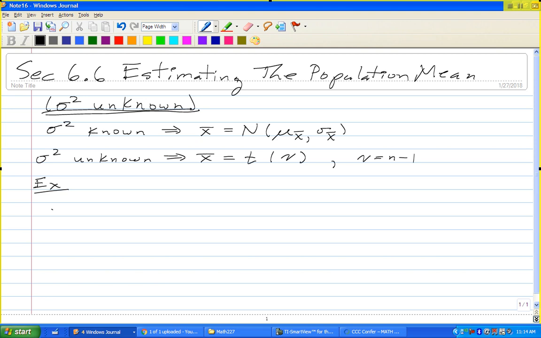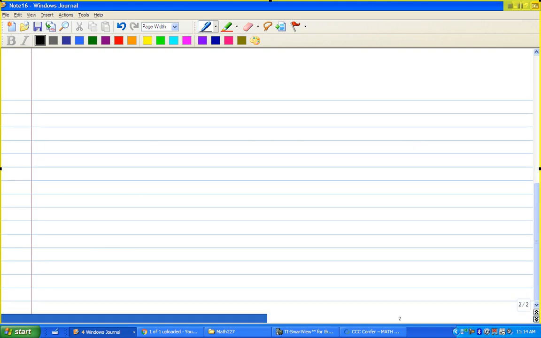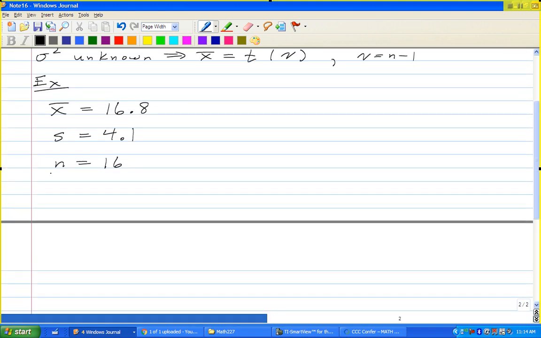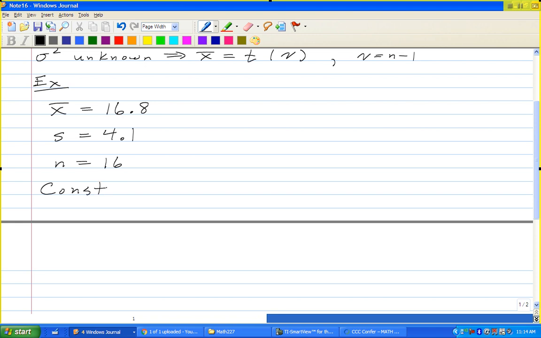Given that the sample mean is 16.8, the sample standard deviation is 4.1, and the sample size is 16, construct a 95% confidence interval for estimating the true population mean.